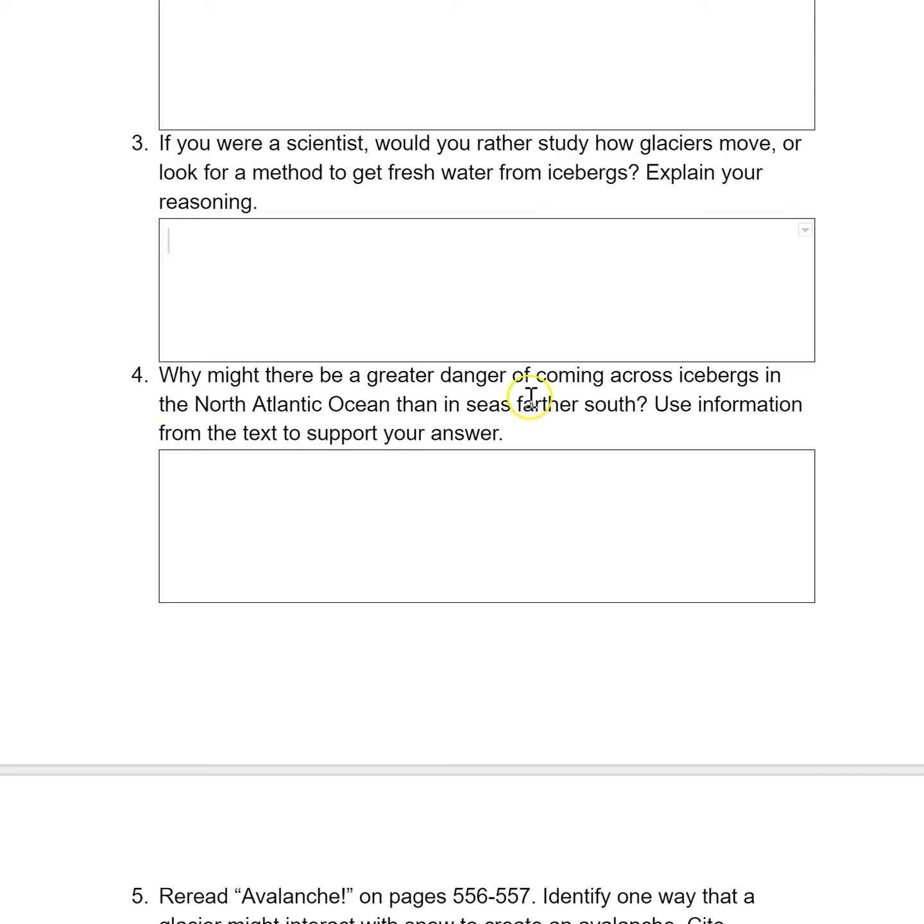Why might there be a greater danger of coming across icebergs in the North Atlantic Ocean than in seas further south? Use information from the text. So, why would we have icebergs further north as opposed to further south? As a matter of fact, I know we can find that information in the text. So I'm just perusing, going through the pages and looking for keywords, specifically icebergs.